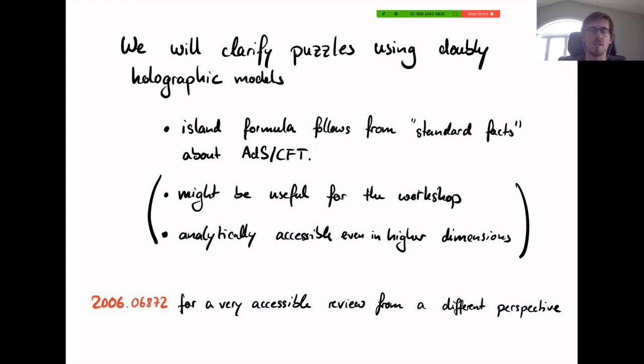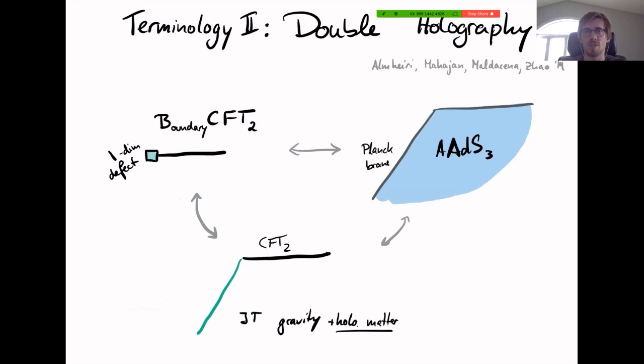So if not, then let's start talking about double holography, or doubly holographic setups. What we've seen so far looks a bit like the left of this picture here. We have a CFT, which I've now called a boundary CFT because it ends somewhere.